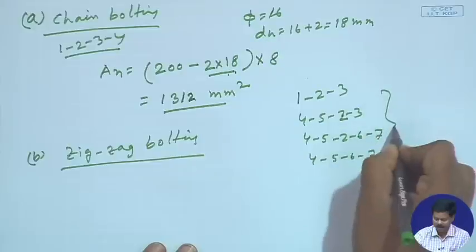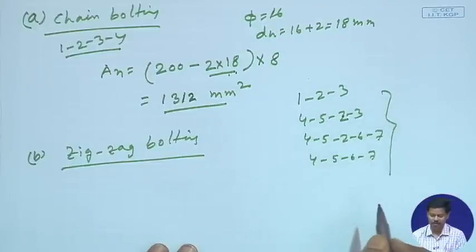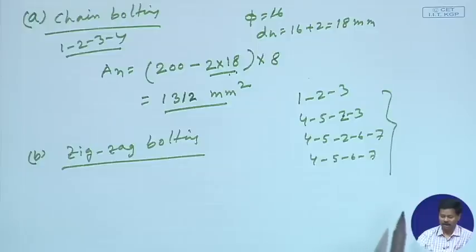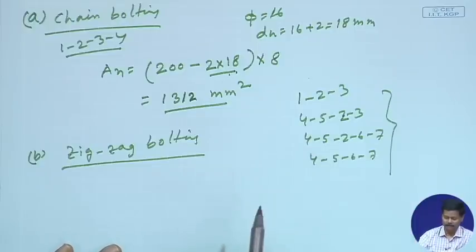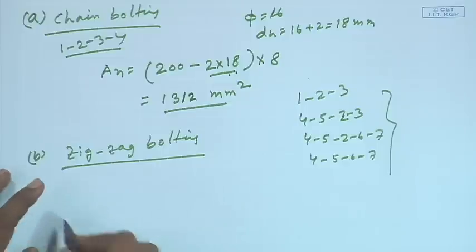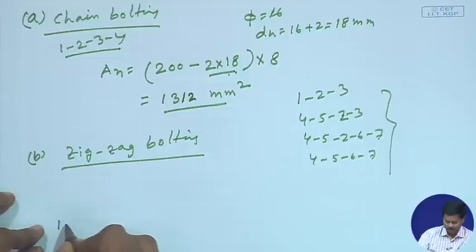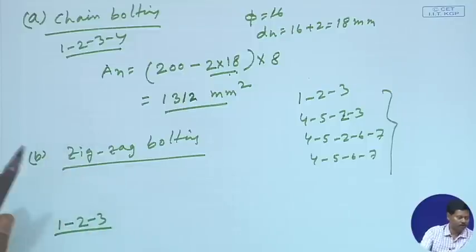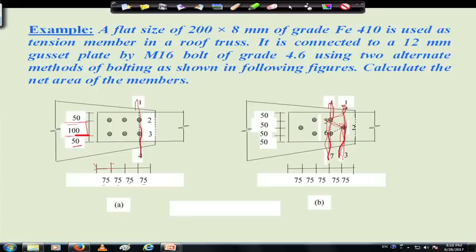So, I have to calculate the net area along these 4 paths, right, and the minimum one will be the net area of the plate. So, first we will consider 1, 2, 3. Along 1, 2, 3 means this one. Here what we could see, it is a simple one that only one bolt is coming into picture.